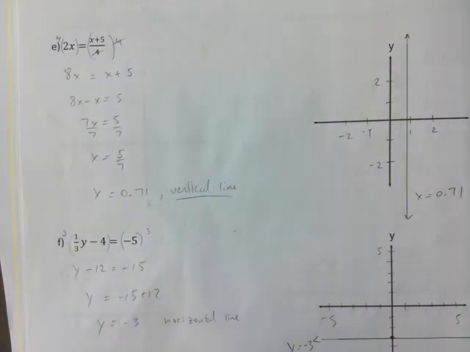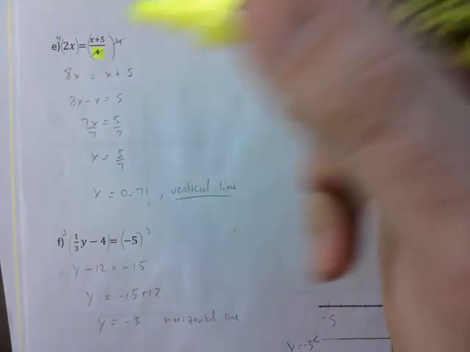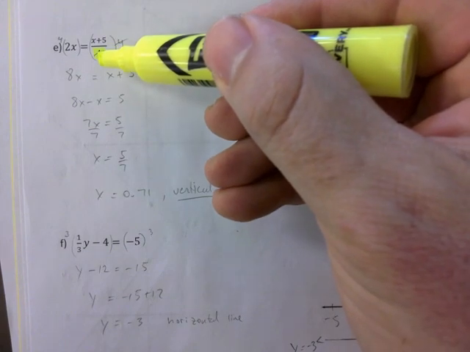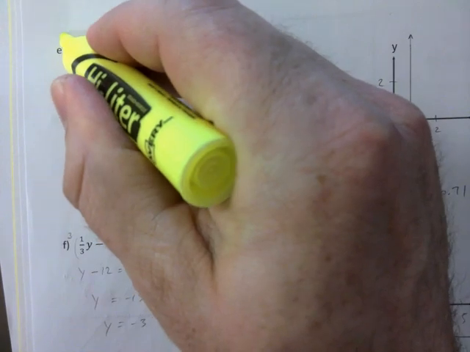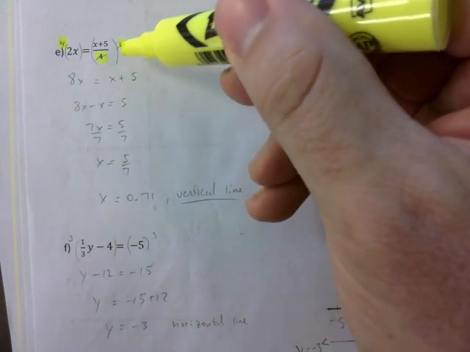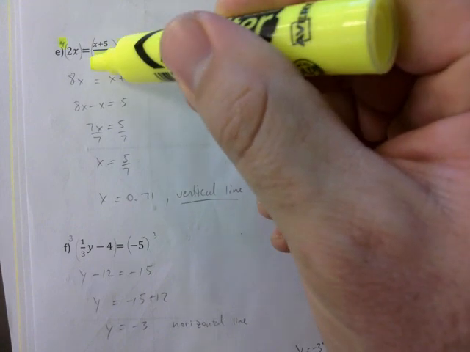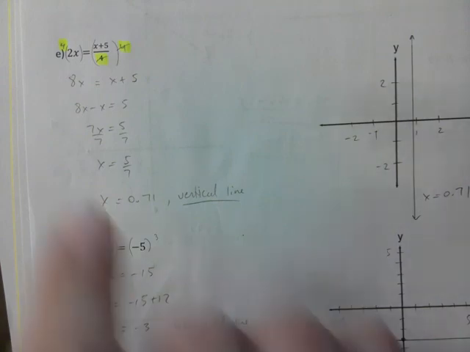Basically, whenever I see a denominator, a fraction of any sort, I tend to multiply both sides by it so that this will cancel out on this side and this will just multiply to give you 8 on that side, right?